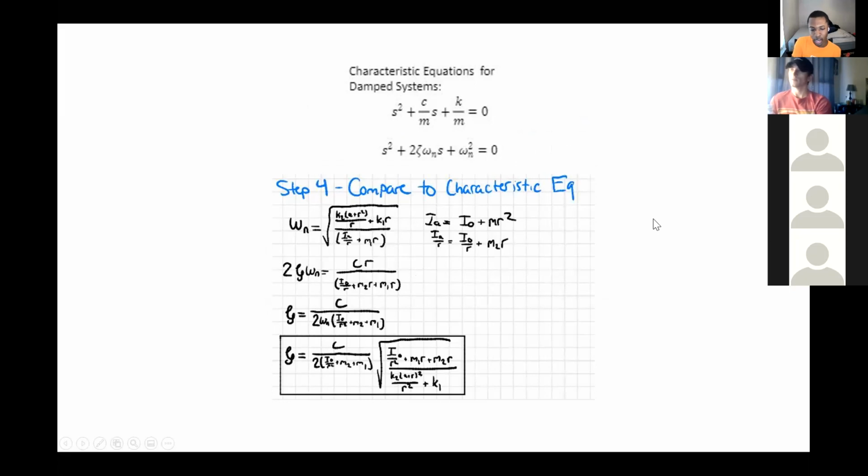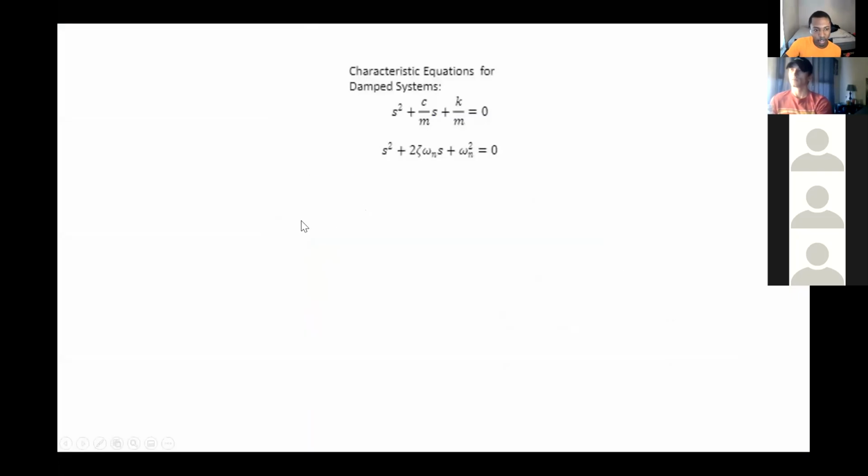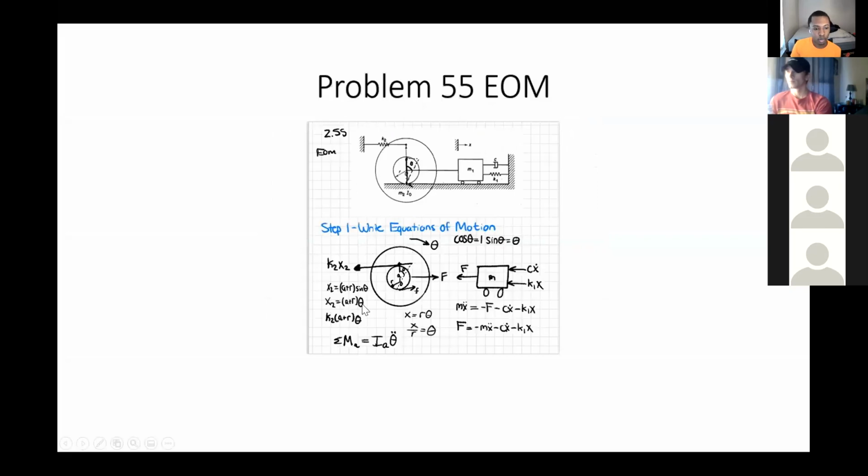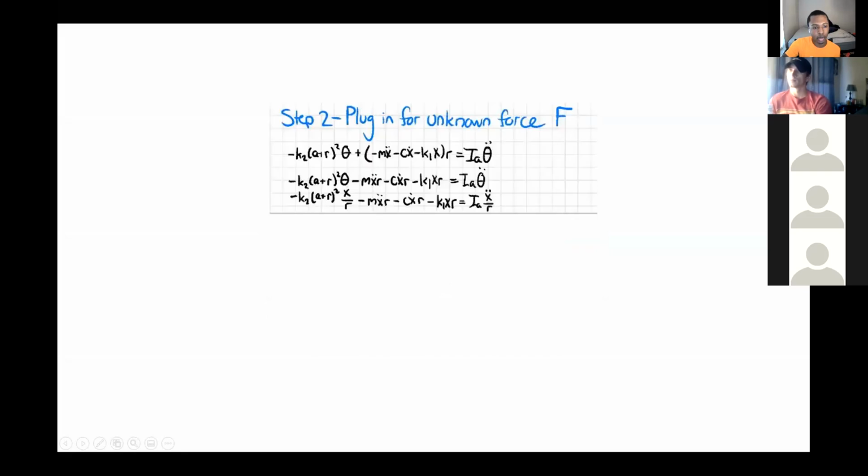Can you go back real quick to the last slide? How come we didn't create a radius group? Actually, we didn't need to do it because we put everything in terms of x.